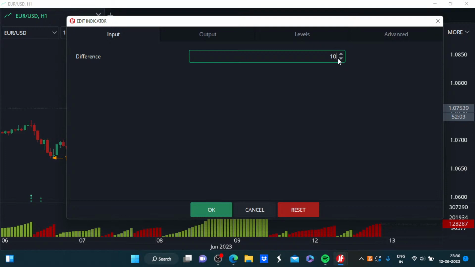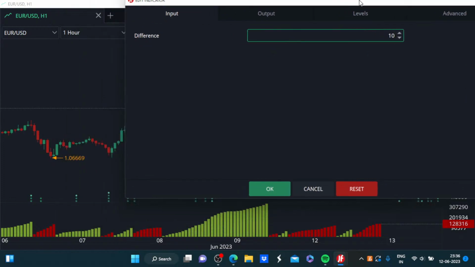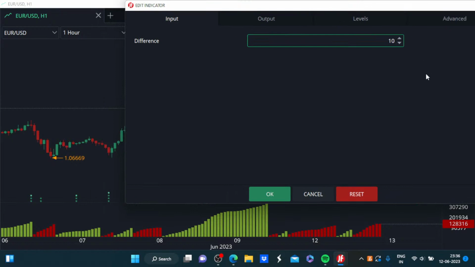If you want the reliability to be higher, then you will have to go with a larger difference. So you will have to observe what kind of difference suits your trading system, and accordingly you can arrive at a stable value for the input. Now I am going to restore it back to the default of 5.